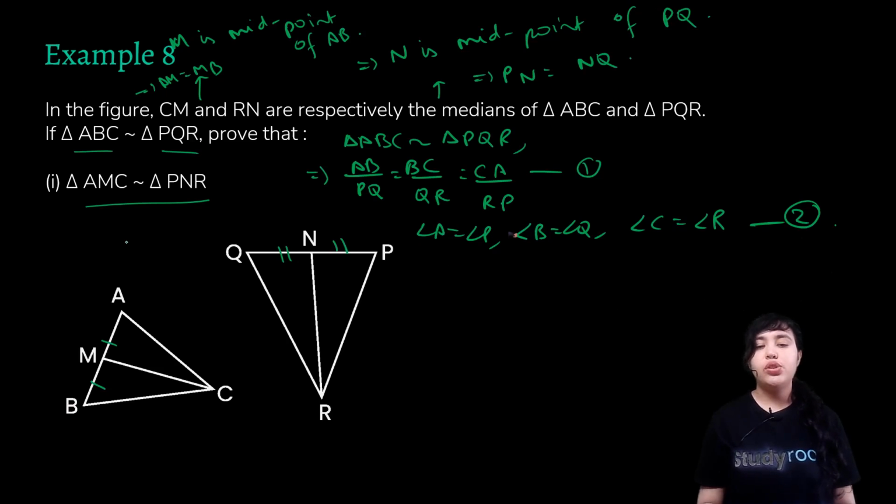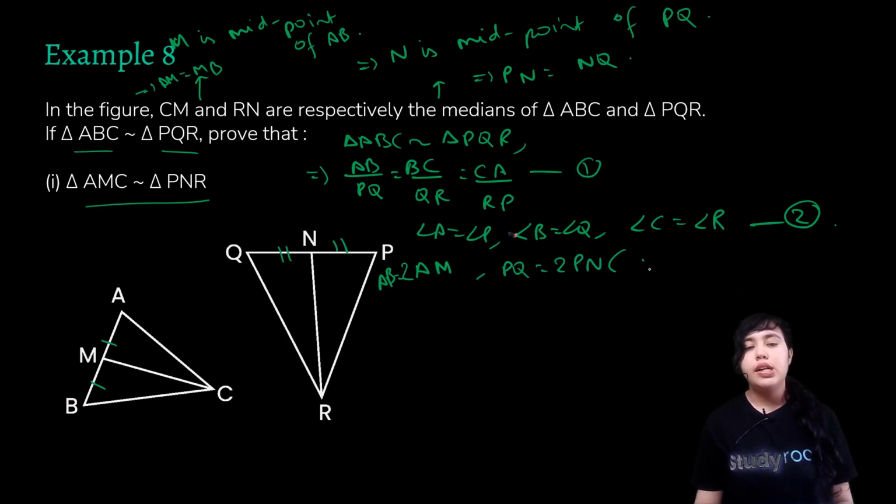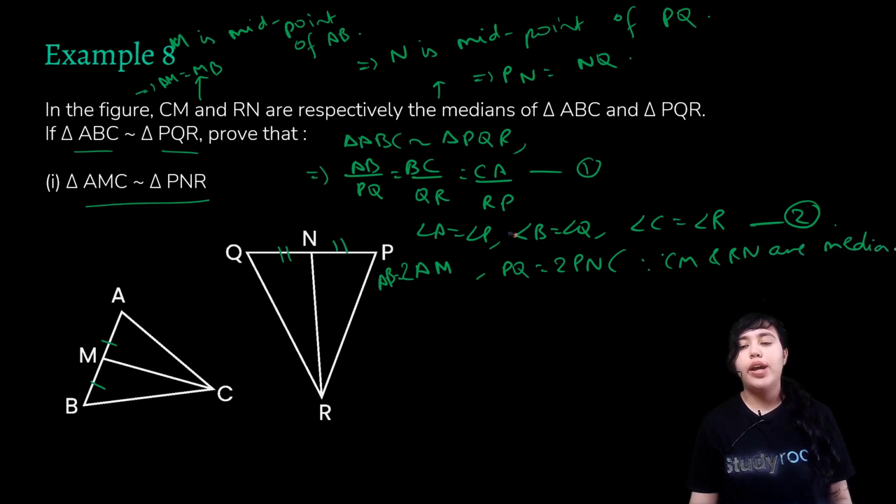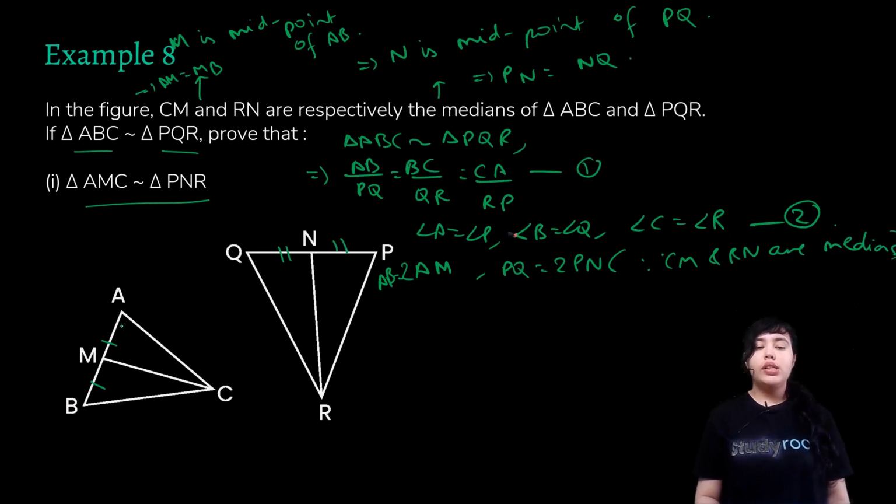Now, I already told you that CM and RN are medians, so AM and MB are equal. So I can also say that AB is equal to twice of AM, and similarly PQ is equal to 2 times PN. Simple reason: CM and RN are medians, so these midpoints make the two sides equal.